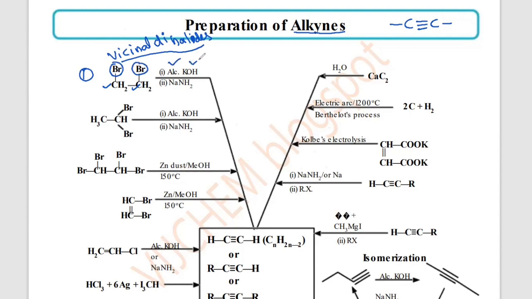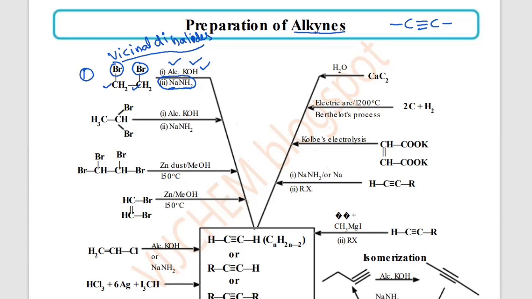For removing that, we can use alcoholic KOH and another will be sodamide. Sodamide is a strong eliminating agent. In the first step, we can use a mild eliminating agent like alcoholic KOH.